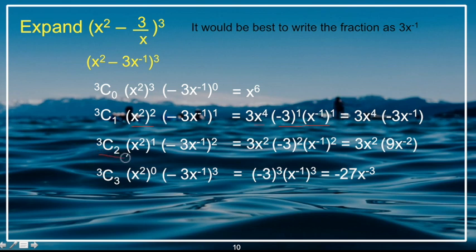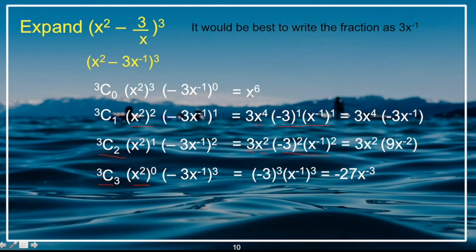Combination of 3 taken 2 is 3, and x squared to the power of 1 is x squared, and distribute the 2 inside, that's going to be negative 3 squared, and then x to the power of negative 1 squared. Okay, so let's go to the last term. So this is 1, this is also 1, then this will be negative 3 to the power of 3, x to the power of negative 1 to the power of 3.